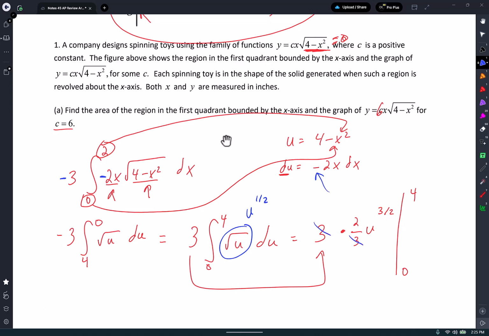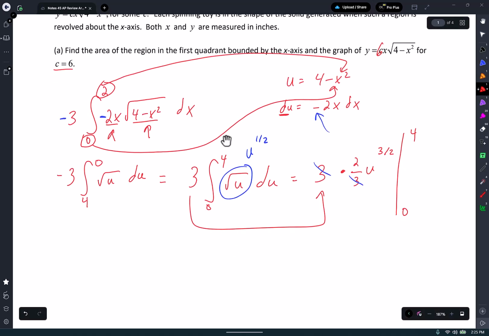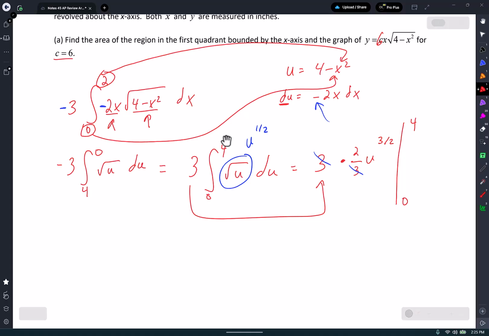These 3's cancel out. If you want, you can leave the 2 on both terms, upper minus lower, but I would just factor it out. Make life easy for yourself. Here's my 2, bracket 4 to the 3 halves minus 0 to the 3 halves. You don't need to put the 0 to the 3 halves. If you're scared, you can actually leave it alone.